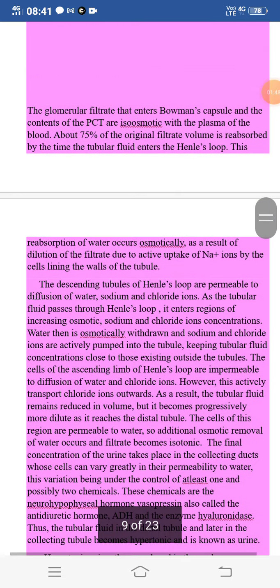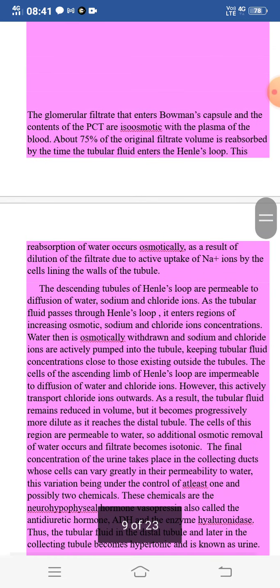The glomerular filtrate that enters the Bowman's capsule and the contents of the PCT are isoosmotic with the plasma of the blood. That is, isoosmotic means they are isotonic with the plasma of the blood, which is flowing outside these uriniferous tubules.